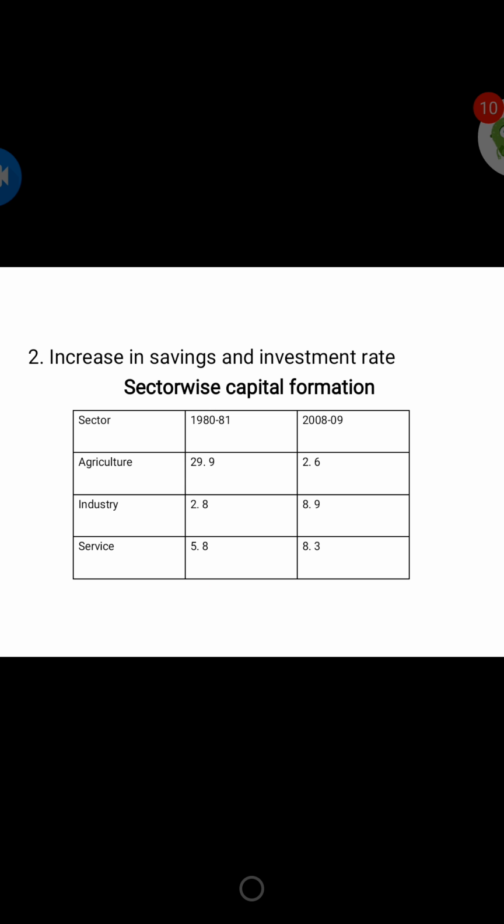An increase in the saving rate has contributed to the growth of investment in business. When you get more and more investment, you can conduct your business activity more effectively, and this was possible when the new economic policy or reforms took place.